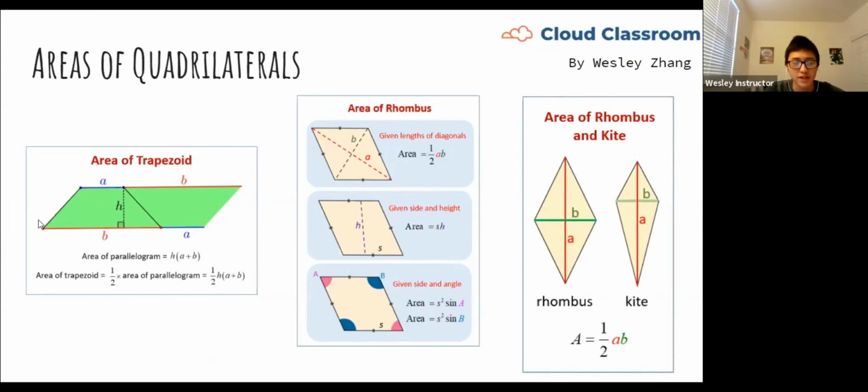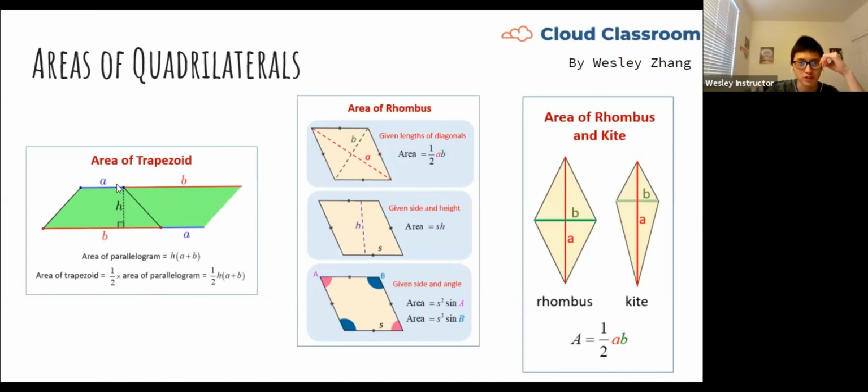So here's how we got the area of a trapezoid. So here we have 2 trapezoids put next to each other. One is upside down, one is right side up. If you guys see here, this creates a parallelogram. And the area of a parallelogram is h, the height, times the base, and the base is a plus b.